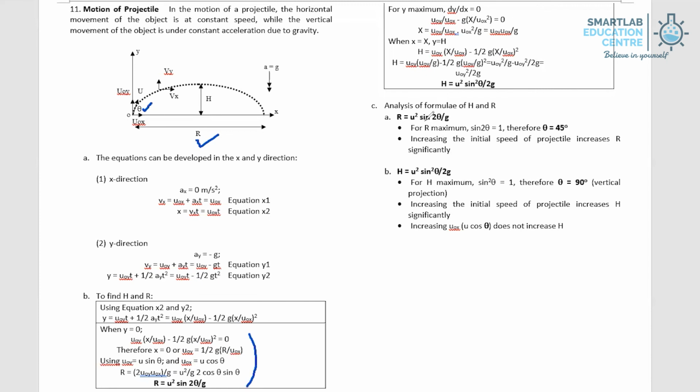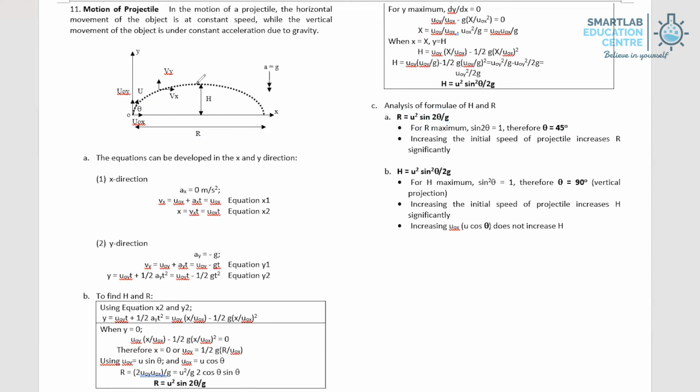If R equals u squared sine 2 theta divided by g is the expression, then to maximize the value of R, quite clearly sine 2 theta's maximum value must be 1, and hence the angle is 45. So it's important in exams that if you see questions that mention they want a maximum R and the angle can vary, remember you'll be shooting the projectile at an angle of 45 degrees.